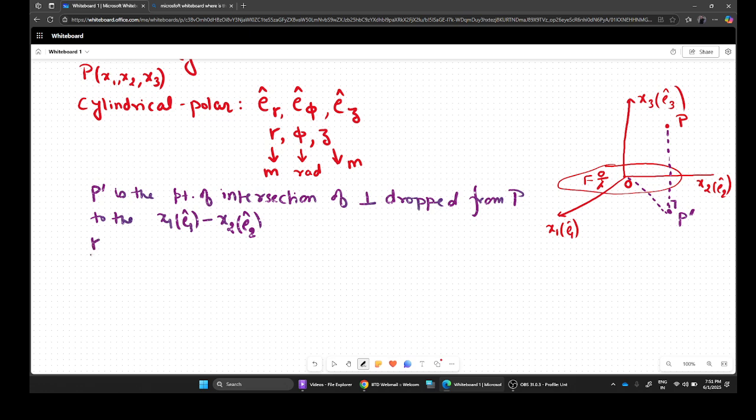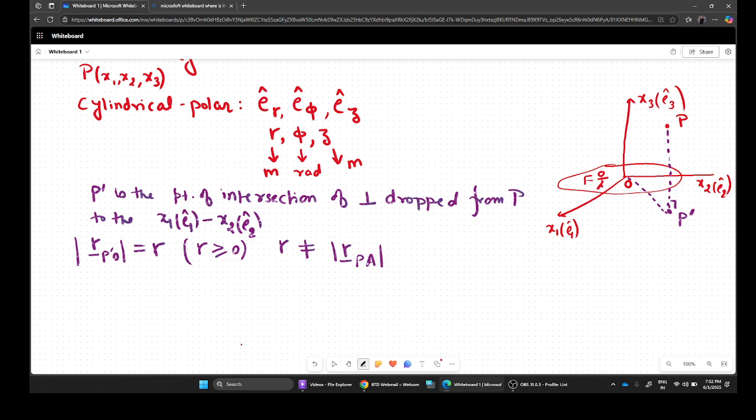The distance or the magnitude of this vector is the first scalar coordinate r of our point of interest P in this coordinate system. Now note that given this definition, r is always going to be greater than or equal to 0. And also note that r is not the magnitude of RPO.